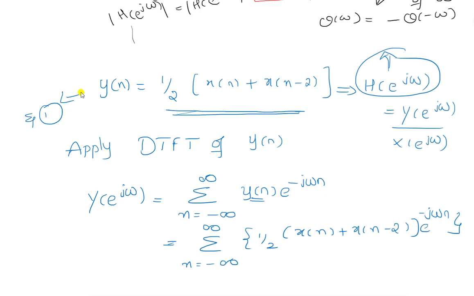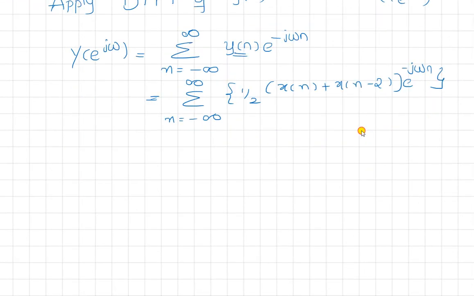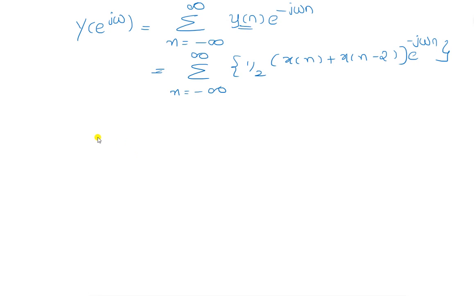Expand this equation, and simply by solving we get Y of e to the power of j omega and X of e to the power of j omega. Now we will see. The 1 by 2 is a constant, so it comes outside, and the final is sigma, n equal to minus infinity to infinity, x of n into e to the power of minus j omega n.